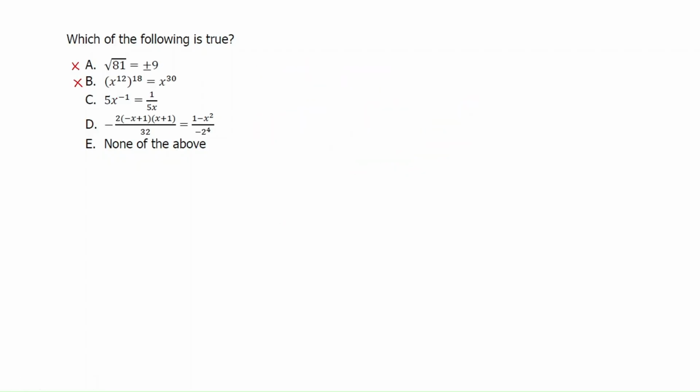Now let's see option C, whether it's true or not. So 5x raised to the power minus 1 is equal to 1 upon 5x. Whenever we have negative exponents, that means we are taking the reciprocal of the base. What is the rule here? a raised to the power minus n is equal to 1 upon a raised to the power of n.